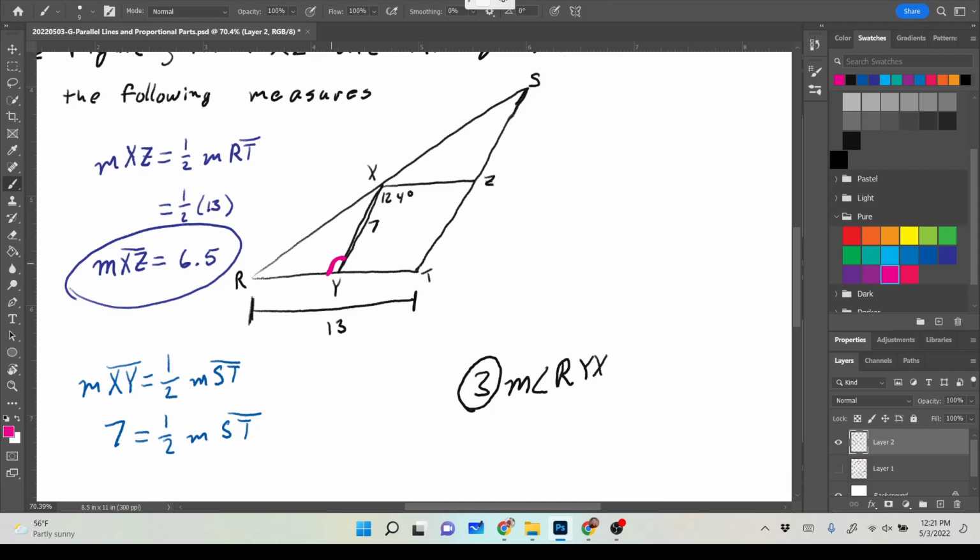So how are we going to do that? Definitely the degrees this time. They are alternate interior angles because the midsegment theorem says that this line is parallel to that line, which means the alternate interior angles are congruent, therefore 124 degrees.